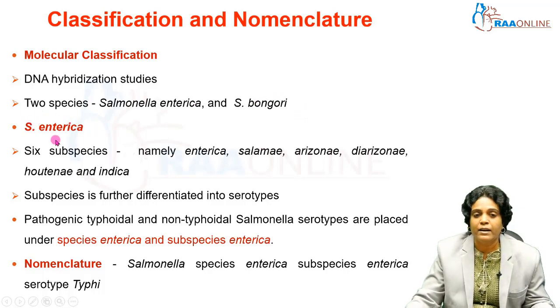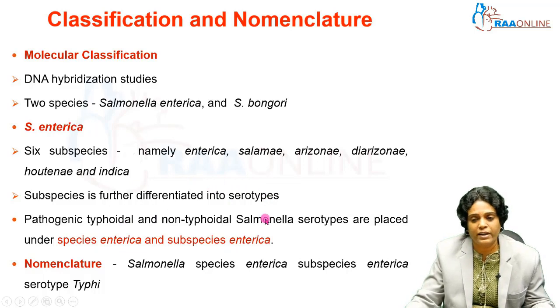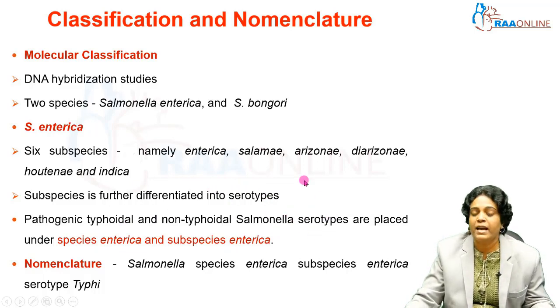Salmonella enterica further has six subspecies: enterica, salamae, arizonae, diarizonae, houtenae, and indica. These subspecies are further differentiated into serotypes based on differences in the flagellar H antigen. Most typhoidal and non-typhoidal Salmonella serotypes come under species enterica and subspecies enterica.